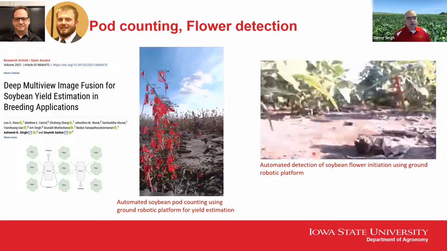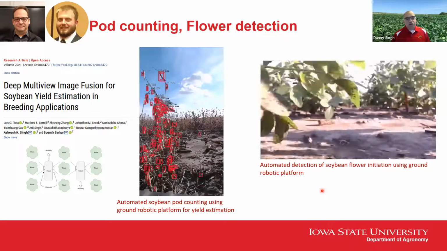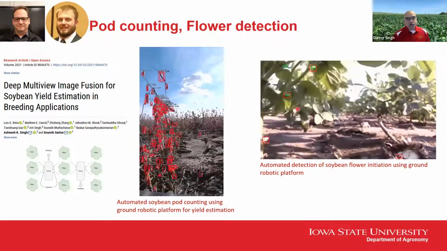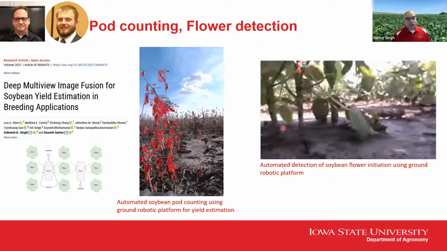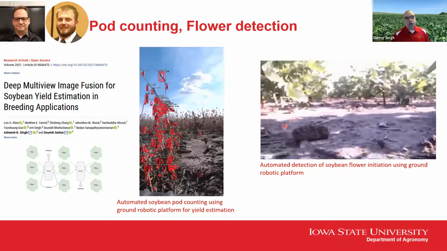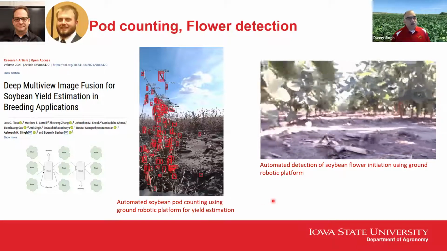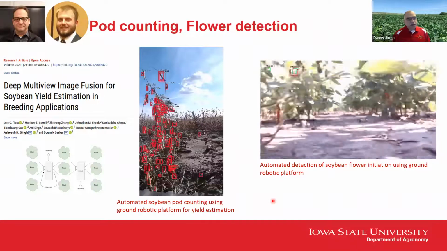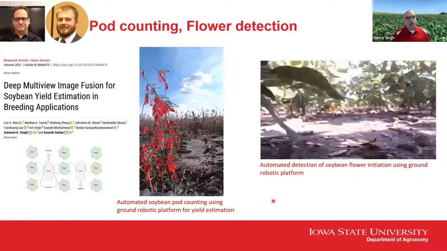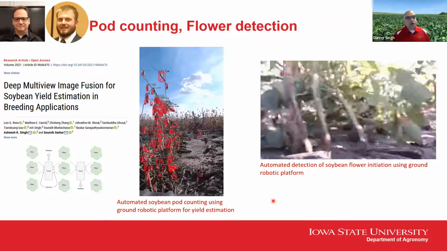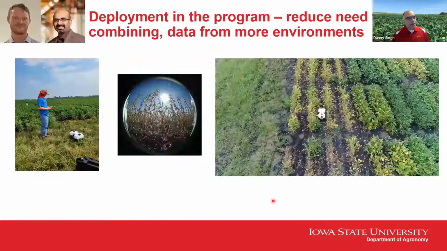In another project, we have also looked at automated detection of soybean flower initiation using these ground robotic platforms, these video images, which is useful for some of the applications where we need to know when the initiation of flowering is happening. So these are just some examples of research that is ongoing in our group that is leading to tangible outcomes that can be deployed in a breeding program.